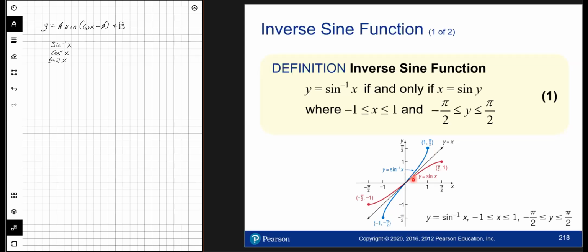And where they intersect is when x and y are the same value. So in this case, at 0, the y value is 0 for both of them.